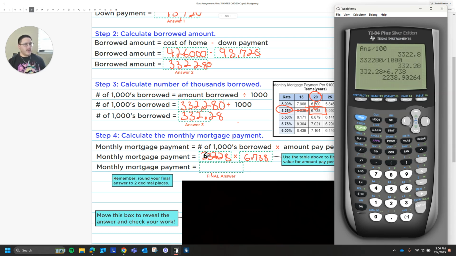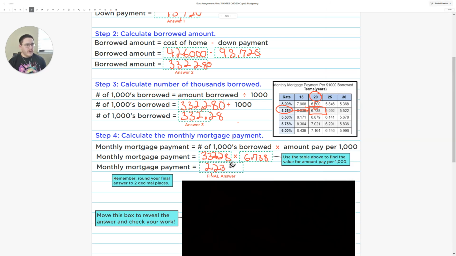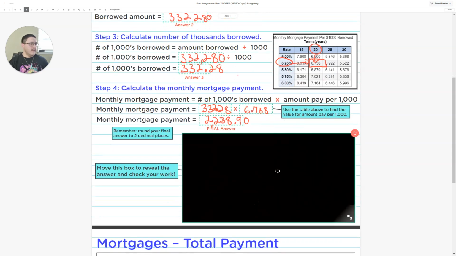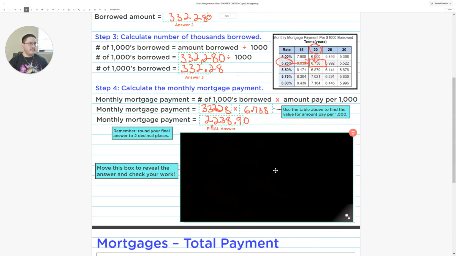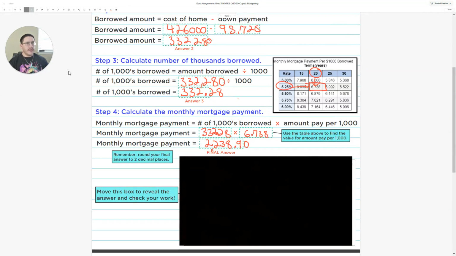Rounded to 2 decimal places, we get $2,238.90. And that is the final answer to you try number 3. This is the monthly mortgage payment that we just found.